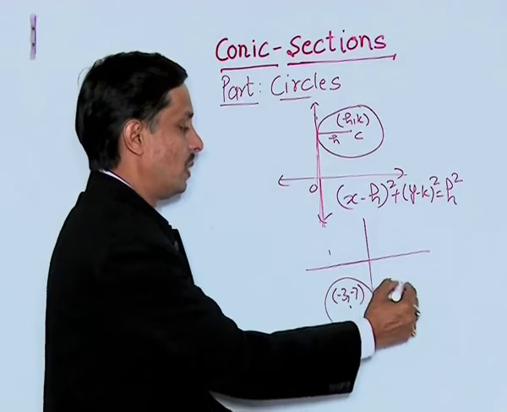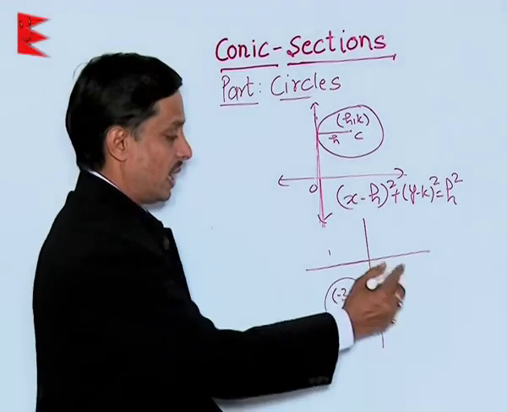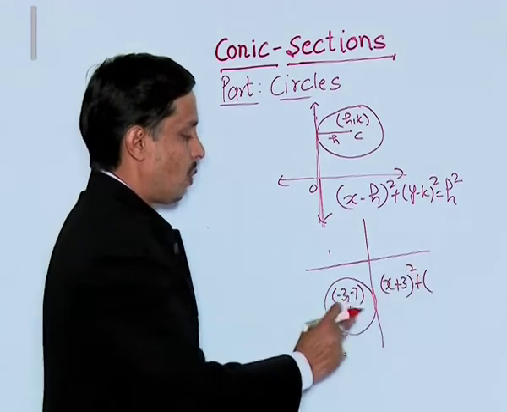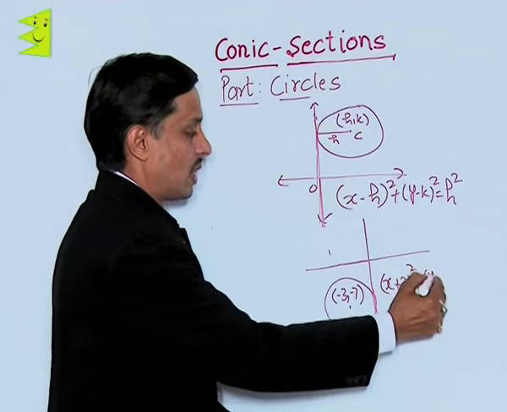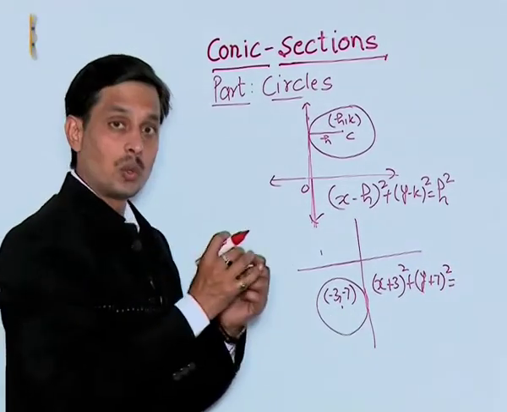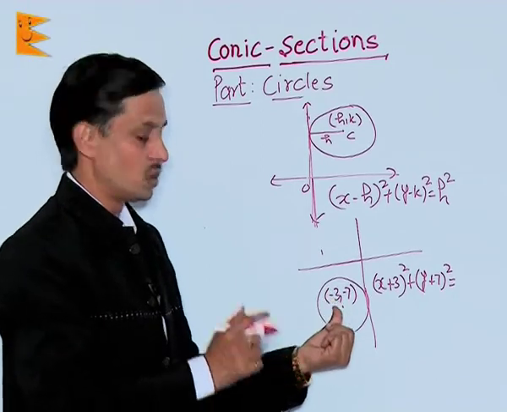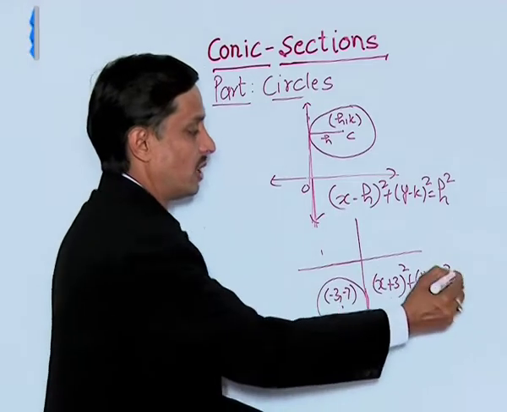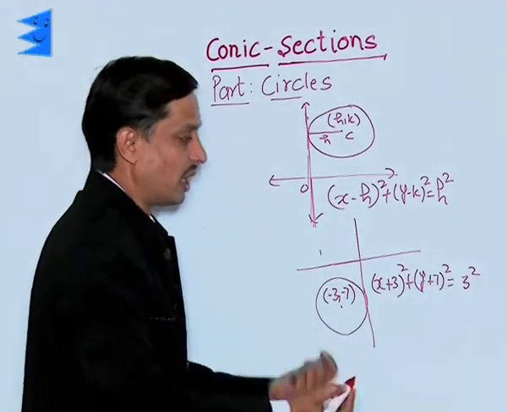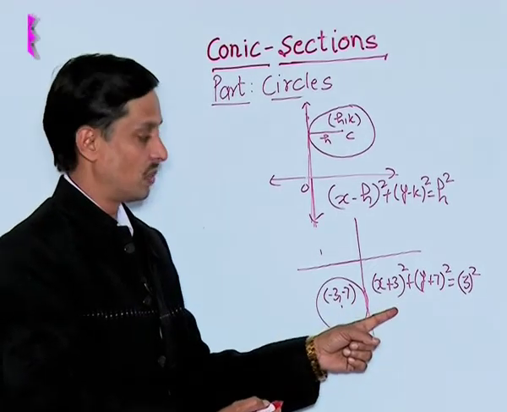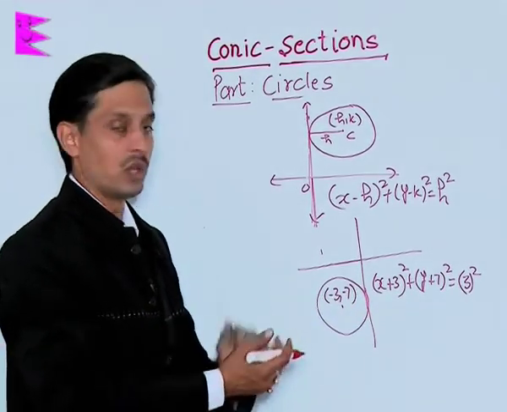Then the equation will be x minus h, x minus of minus 3, that is (x plus 3) square, plus y minus k, that is y minus of minus 7, that is (y plus 7) square, is equal to radius square. The radius is equal to the x coordinate minus 3, but we will take it as 3. So this is the equation of the circle in this situation.